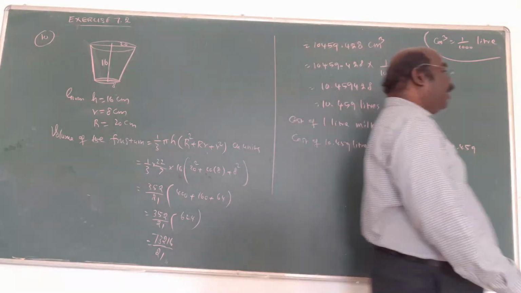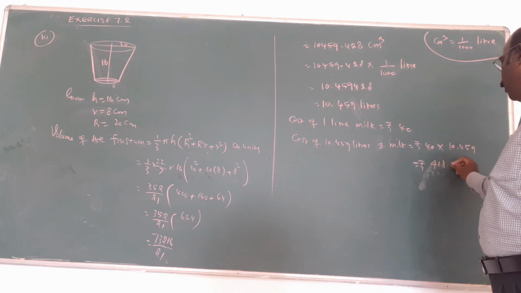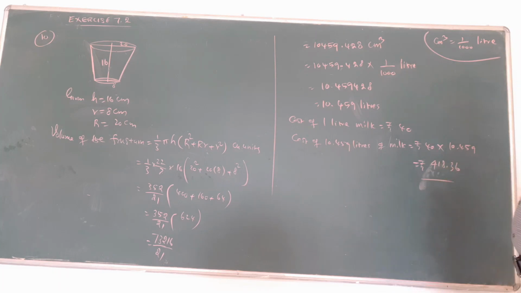Now multiply both, and we get the answer: 418 rupees 36 paise.